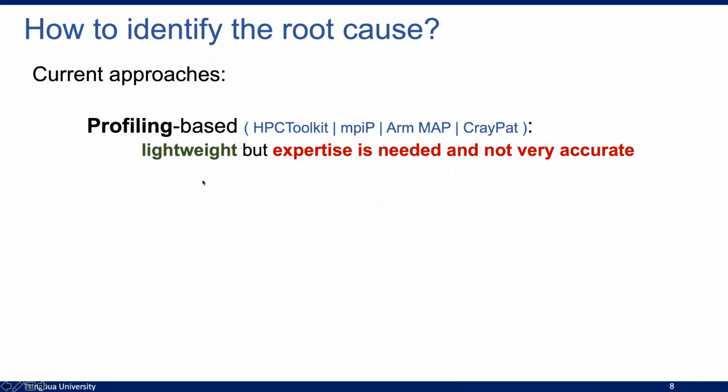But sampling misses some important information at runtime, like data and communication dependence. So they need expertise to identify root causes, and they are not very accurate in some cases.